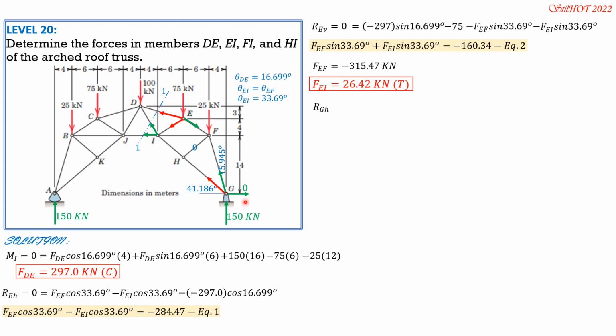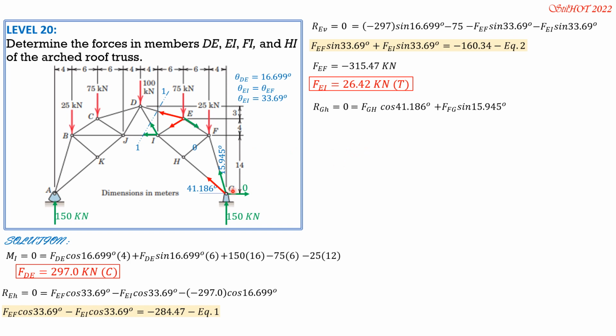So RG horizontal equals 0, or the horizontal component of resultant at G is 0, or summation of forces horizontal is 0, considering leftward positive because all these forces are leftward. So FGH cosine of 41.186 degrees, then plus FFG sine of 15.945 degrees.